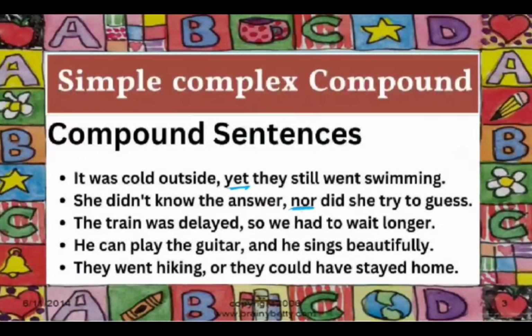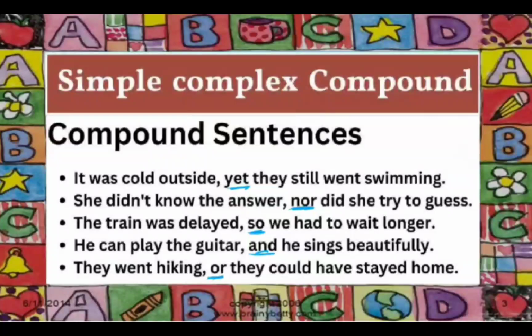The train was delayed, so we had to wait longer. He can play the guitar and he sings beautifully. They went hiking or they could have stayed home. So, or as a coordinating conjunction.